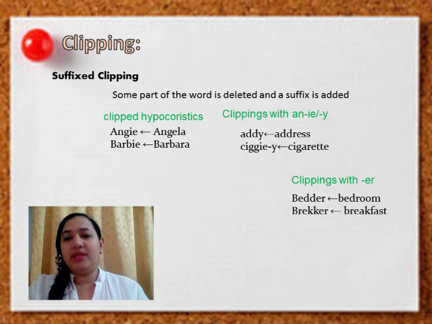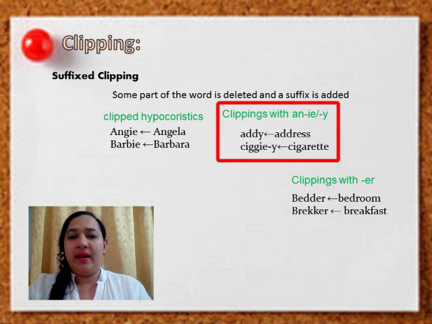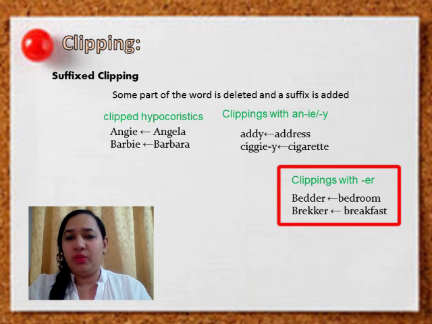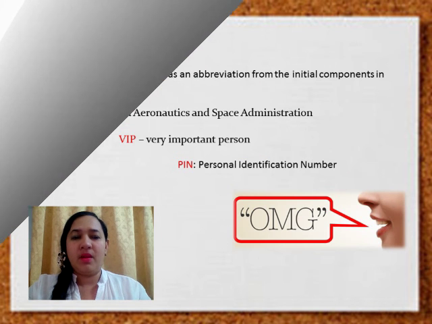This category is subdivided into three classes: clipped hypocoristics, which refer to names; clippings with an -ie or -y; and finally clippings with -r. On the slide you can also see some examples of this clipping.